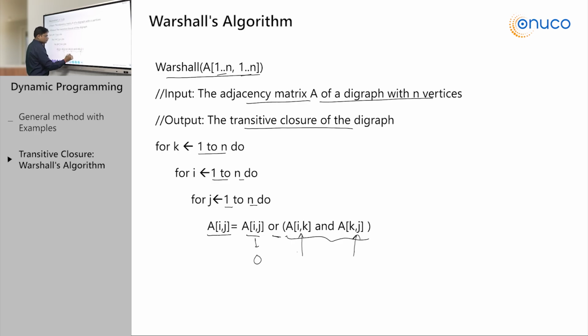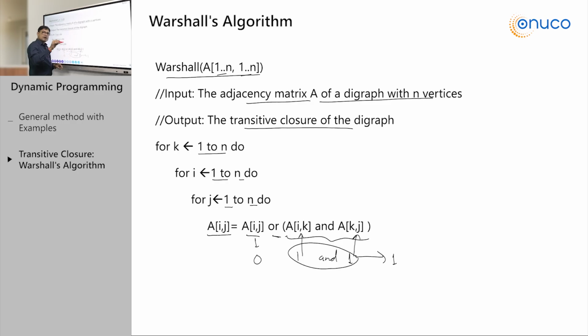If A of ik is 1 and A of kj is 1, then the whole thing is going to give you 1. So if there is a path, there is no need to change anything on the other side. If there is no path, we must check the right hand side part, A of ik, where k is the intermediate vertex.